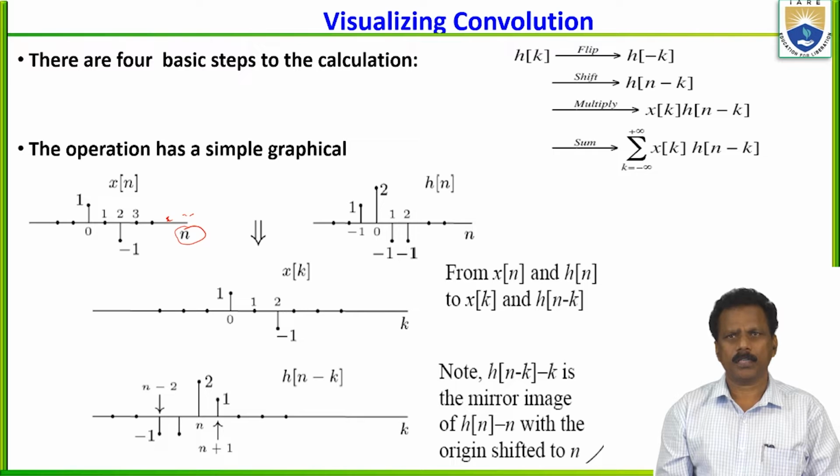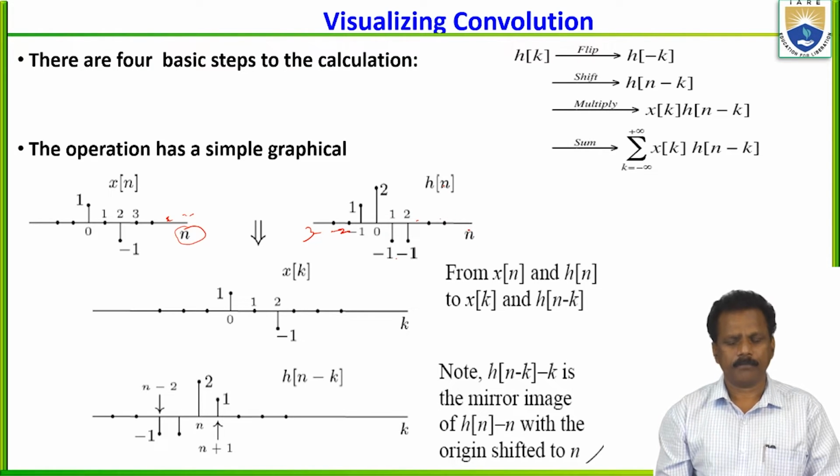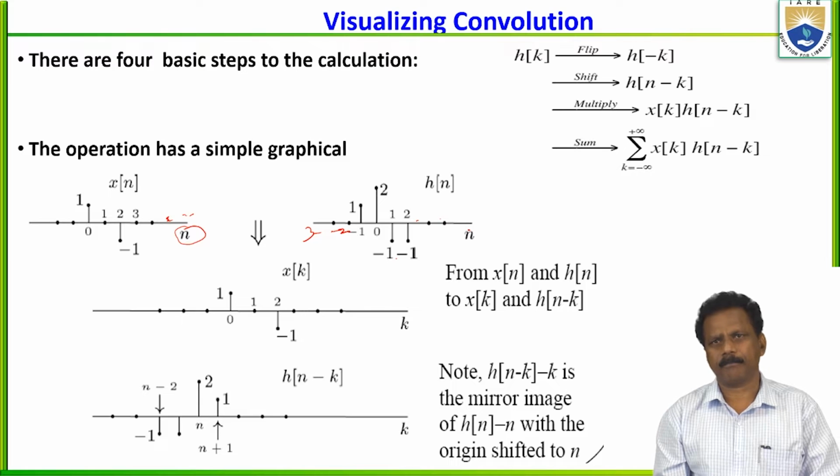Where h of n versus n will appear at minus 1, 0, minus 2, minus 3, and so on, 1, 2, 3, and so on: n versus h of n. So from this x of n and h of n, we go to x of k and h of n minus k.